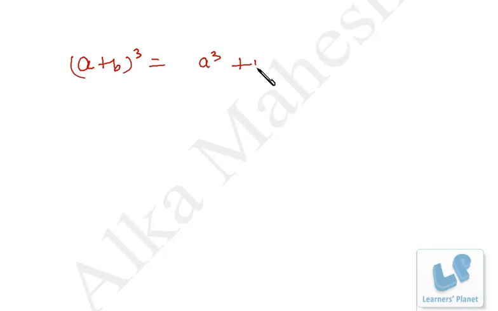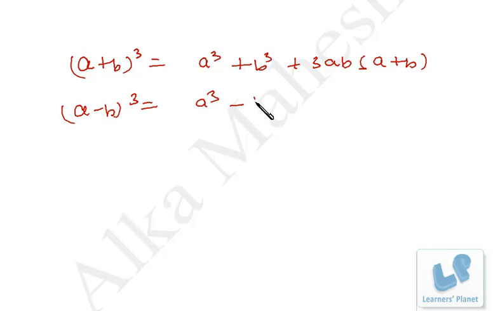That's a cube plus b cube plus 3ab, a plus b. Similarly, a minus b whole cube is a cube minus b cube minus 3ab, a minus b, right? So these are the various relationships or formulae, or we can say algebraic identities, that you have to memorize or learn before we solve the trigonometric identities, right?